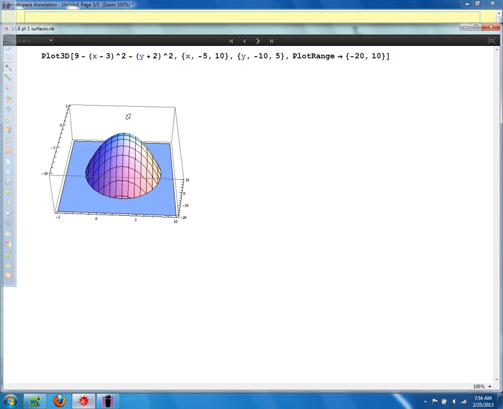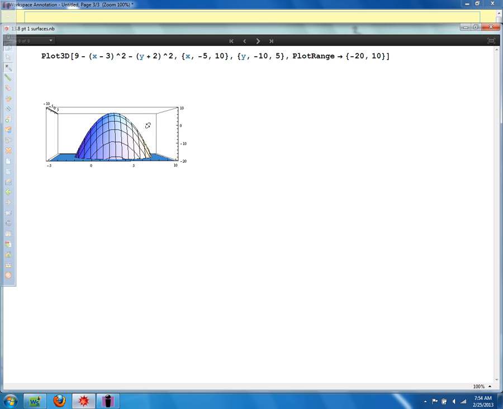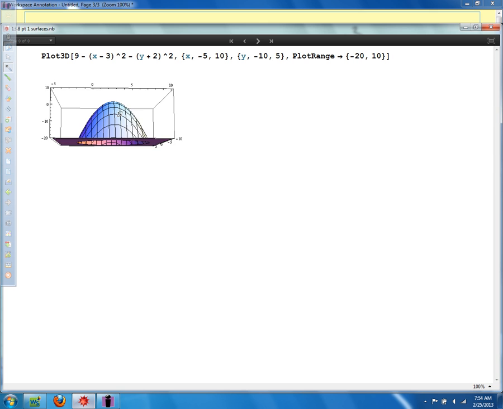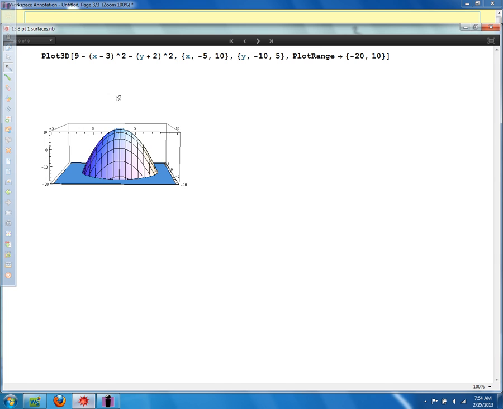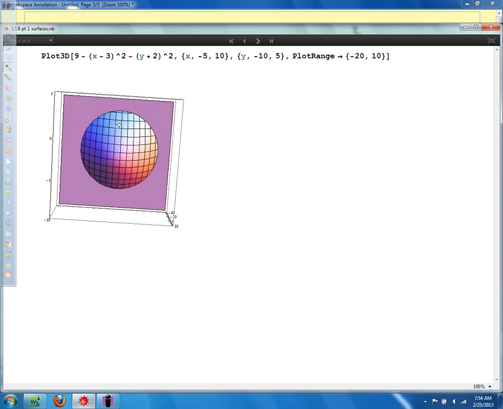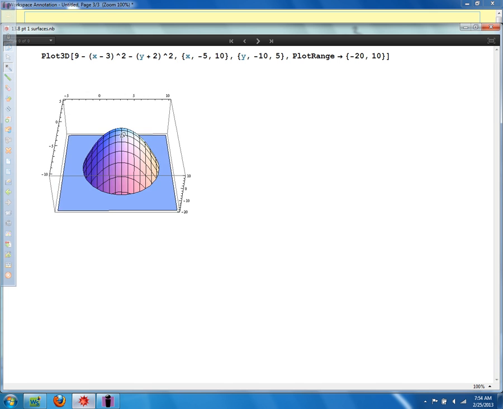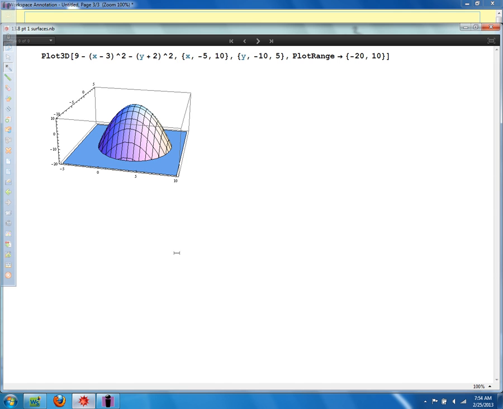So we have it opening downwards. There's our maximum here. It's going up to 10, so it's just below 10, and we look at it from above. We see that we're at 3, negative 2. So there's what a graph of our shape looks like.